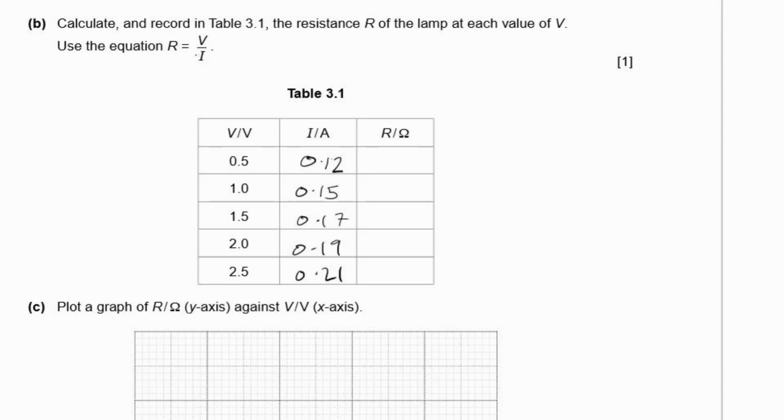Alright, so now B, calculate and record in table 3.1 the resistance R of the lamp at each value V. Use the equation R equals V over I. Here we go, this equation there. So putting that into our calculator, it gives us 4.2, 6.7, 8.8, 10.5 and 11.9.